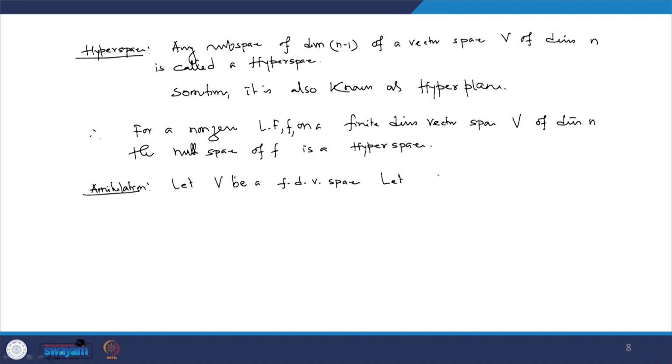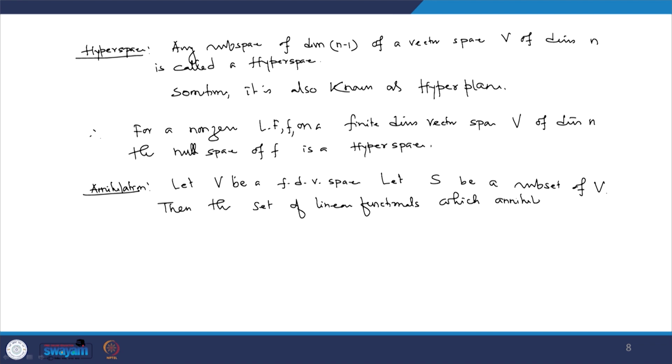Let capital S be a subset of V. Then the set of linear functionals which annihilate S is called the annihilator of S. Note that this set of linear functionals which annihilate S is basically a subspace of the vector space V star.